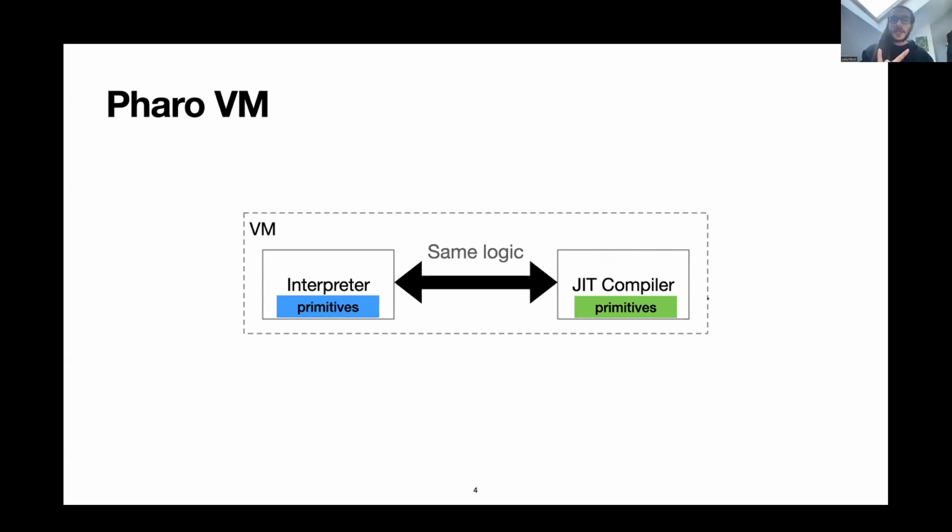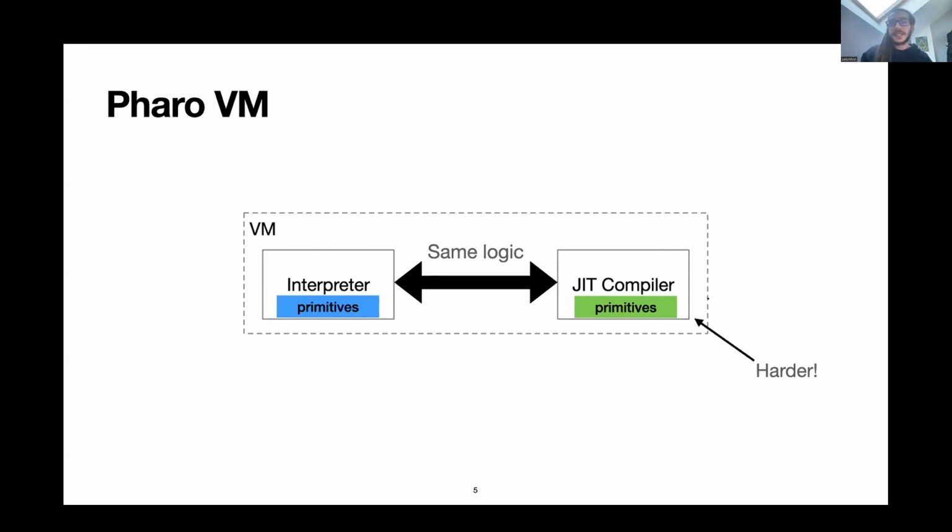So there is some kind of relation between these two components, but they work completely differently. For example, the interpreter uses an operand stack, and the sheet compiler uses the registers of the computer architecture.